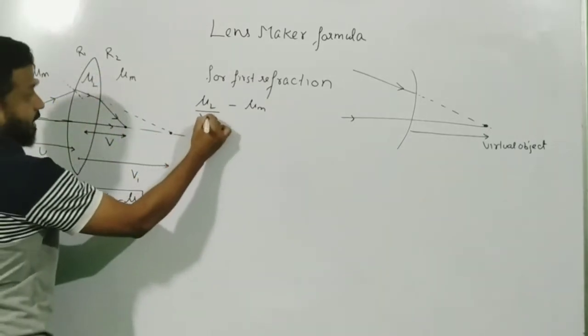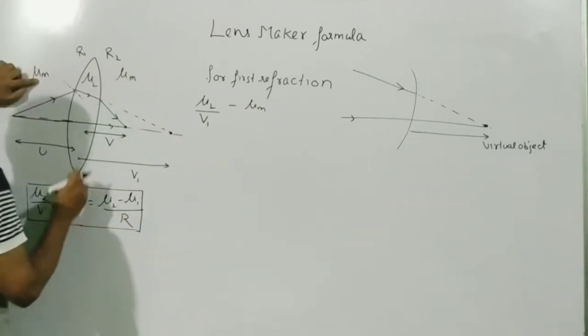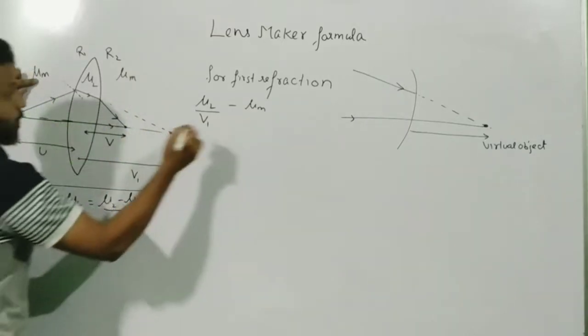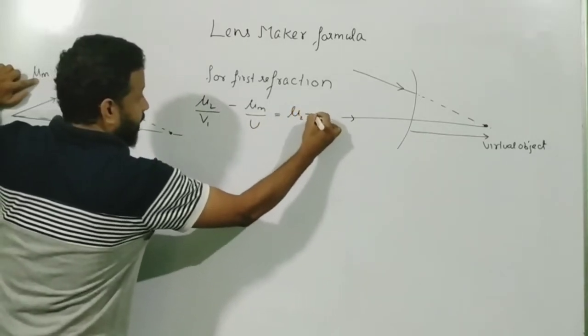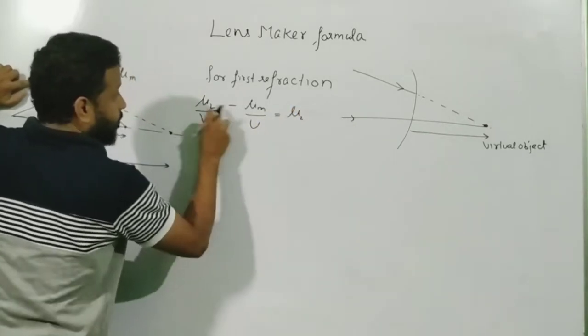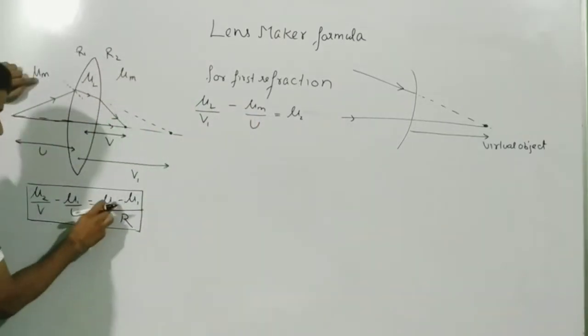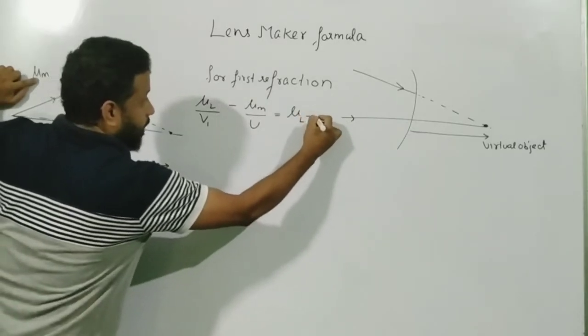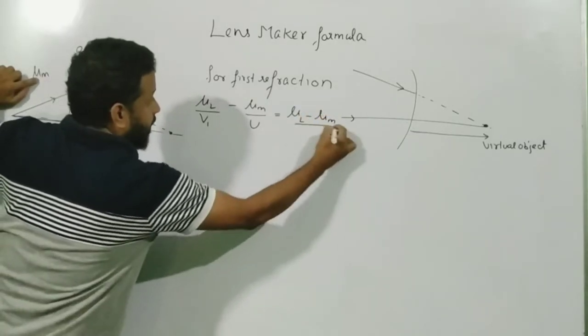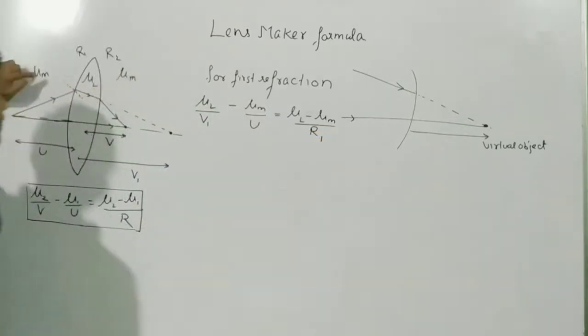So I am calling this v1 and this I am calling u, equals mu2 minus mu1. Look at the formula, mu2 minus mu1. Mu2 is mu l, mu1 is mu m. So this will become mu l minus mu m divided by the curvature, and let us say the curvature is r1.